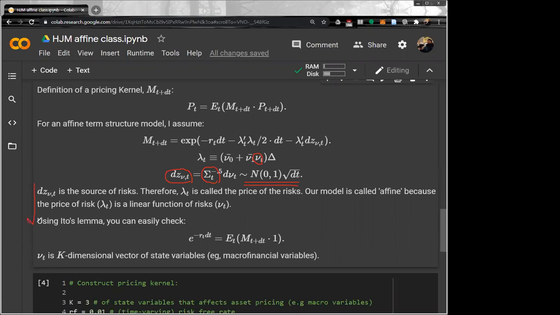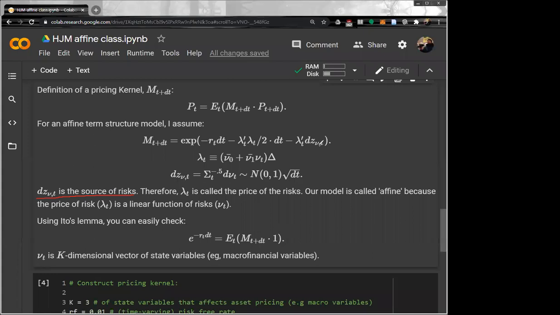For this part below, you have to know Brownian motion, and I assume you studied continuous time in my class video. So here, d nu_t, as I explained, is the source of risk.